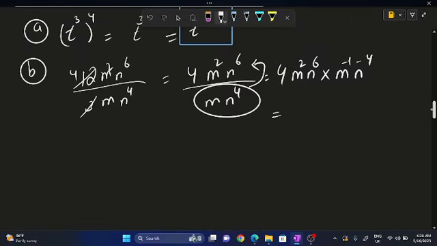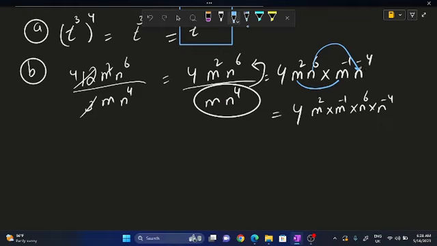They can be written as 4 m square times m raised to the power minus 1 and n raised to the power 6 times n raised to the power minus 4. I did nothing, just made a group of similar terms, m with m and n with n, nothing else.